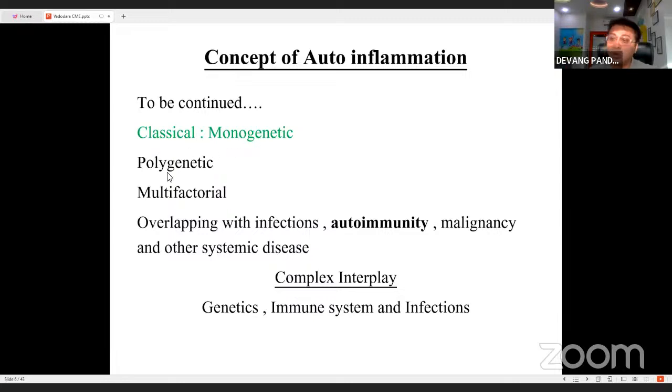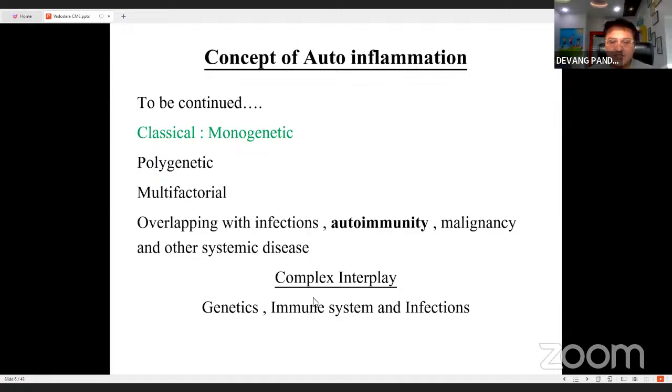Now, if there is more than one gene involved, it is polygenic. If it is more than genetics, like environmental factors or infections, then it is multifactorial. And presentation many times overlaps with some unusual infections. Autoimmunity, so rheumatic disease, can overlap with autoinflammation, sometimes malignancy and other systemic diseases as well.